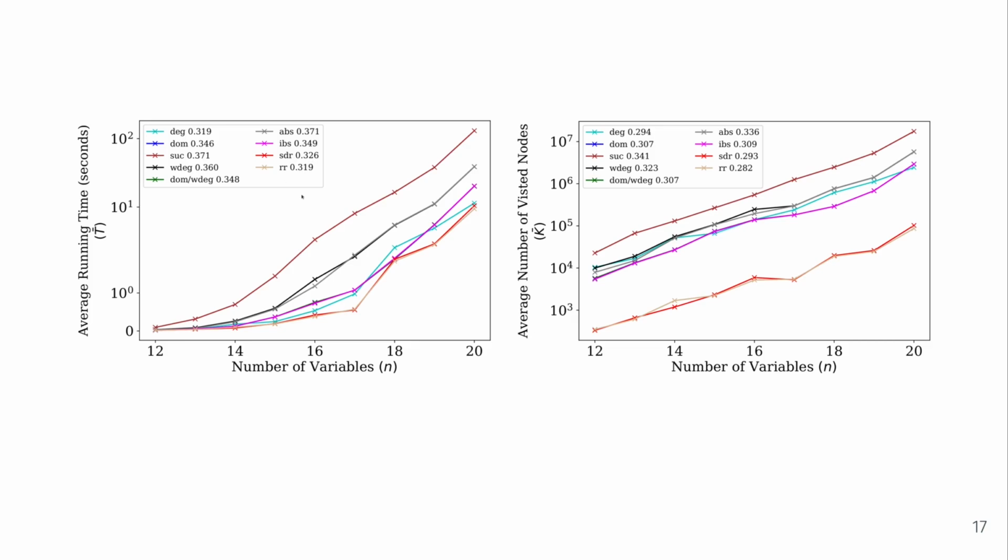So it might be, as we speculate, the case that as n goes really large, the advantage of SDR and R would be much larger than the other algorithms. Because the y-axis is again in logarithm scale, a tiny difference in the slope can lead to dramatic effects. And similarly, for the number of visited search nodes, we have a very similar trend. We have a large gap between SDR, R, and the rest of the algorithms.